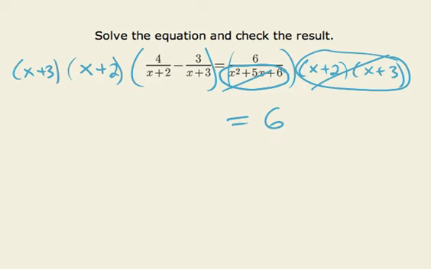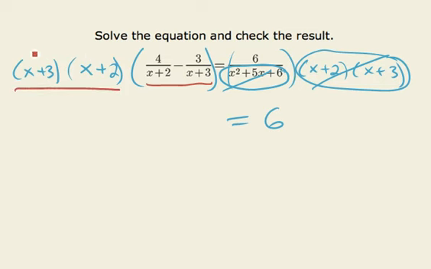On the left, what do we have? Well, we have to be a little bit careful with our canceling. I can't just say, oh, the x plus 2 cancels there with that, and the x plus 3 cancels there with that, and I have 4 minus 3. That doesn't work. Why doesn't that work? Well, because I'm multiplying the whole fraction here, both terms, 4 over x plus 2 minus 3 over x plus 3, multiplying the whole thing by these two things.